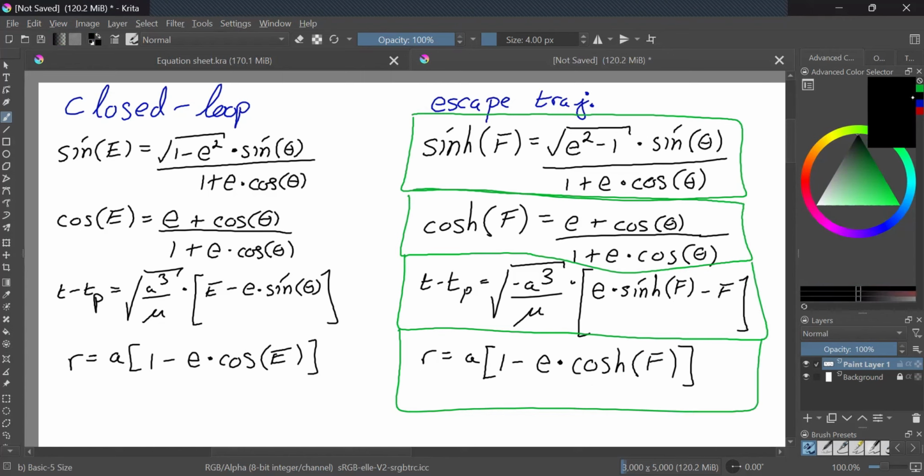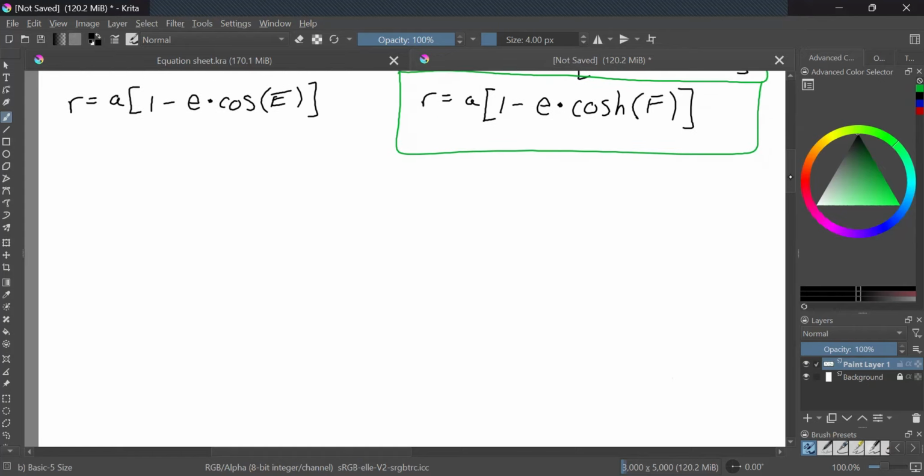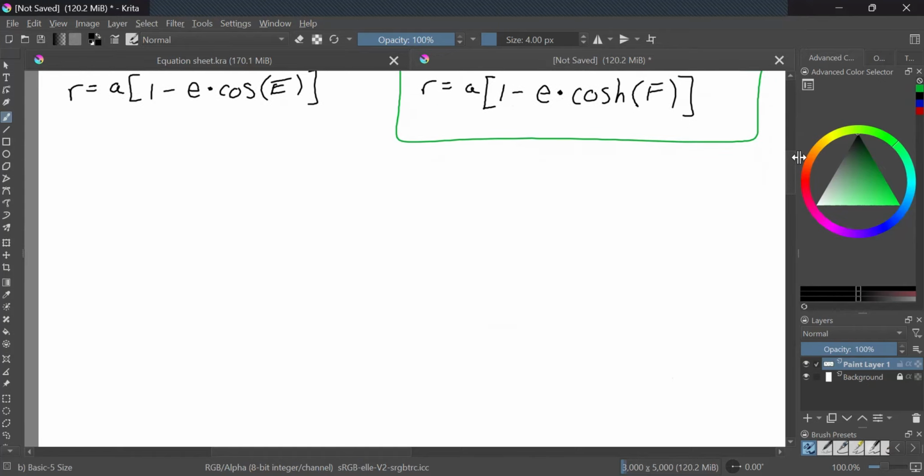So I've used the hyperbolic trig functions throughout this video so far. They're called the hyperbolic trig functions, and I've used them so far in the escape trajectories, but they are not, strictly speaking, trig functions. So as a bit of a refresher for everyone involved, let's review.